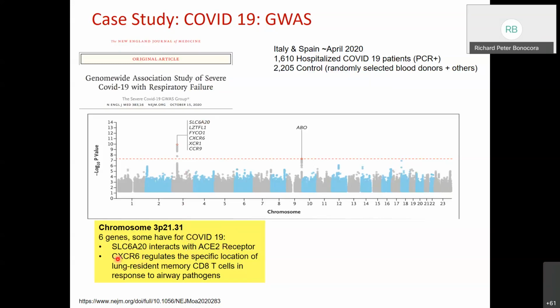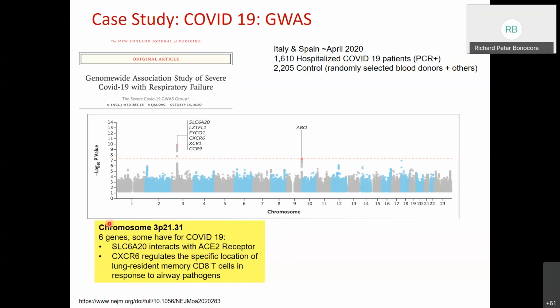And this CXCR6 regulates the location of immune cells, T cells, into the airway in response to airway pathogens. So it's taking effect in the lungs, and some of these other genes also have effects in the lungs, as well as some of the genes outside of this region, on the boundary.